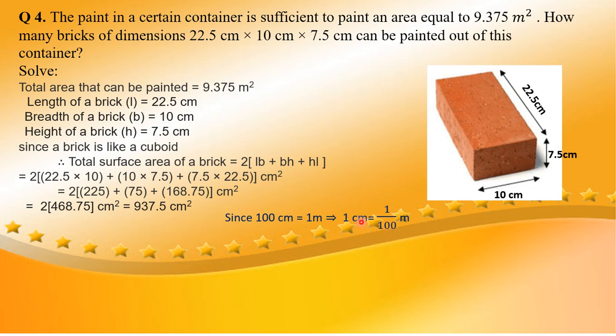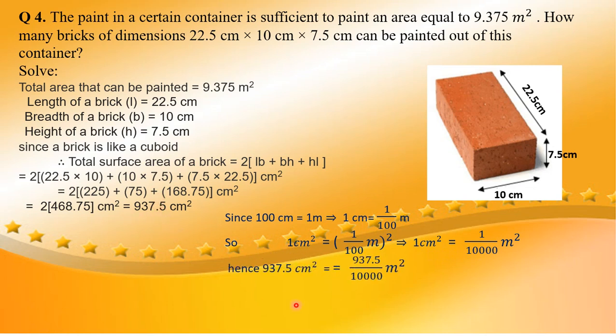When squared on both sides, we get 1 centimeter square is 1 upon 100 meter whole square, or 1 upon 10,000 meters square. So the required area of a brick, 937.5 centimeters square, will be converted to meters as 937.5 upon 10,000 meters square.